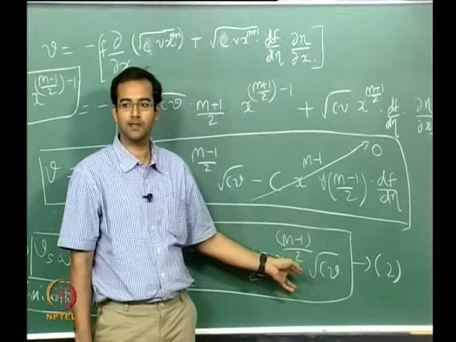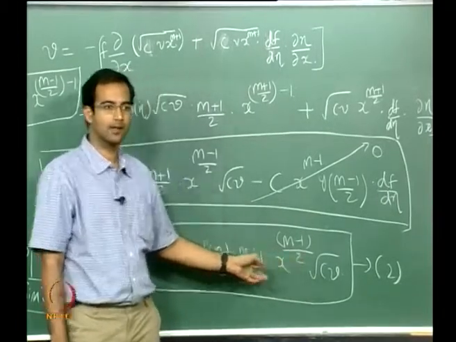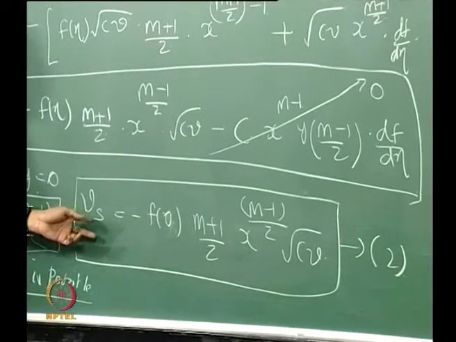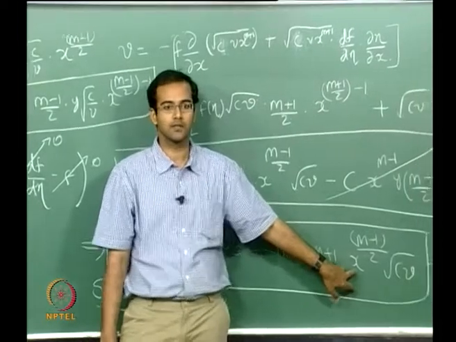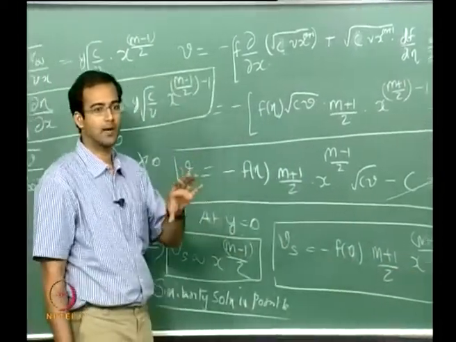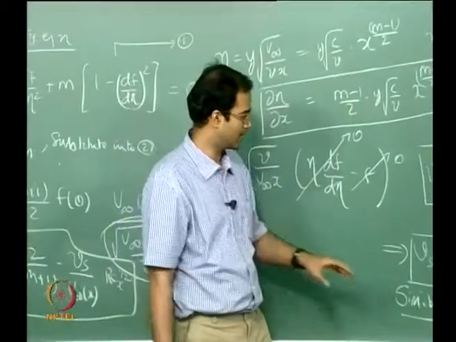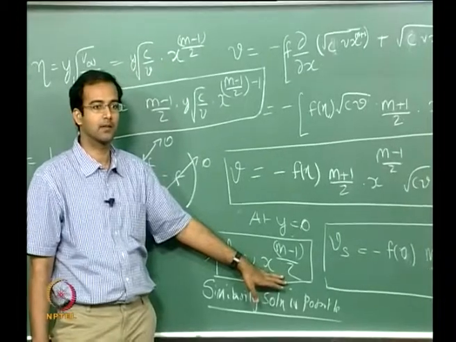If you want to make this independent of x and make it a constant, you have to make sure that your transpiration velocity varies exactly by the same factor. So this is the constraint that is required in order to get a similarity solution for this particular boundary condition.